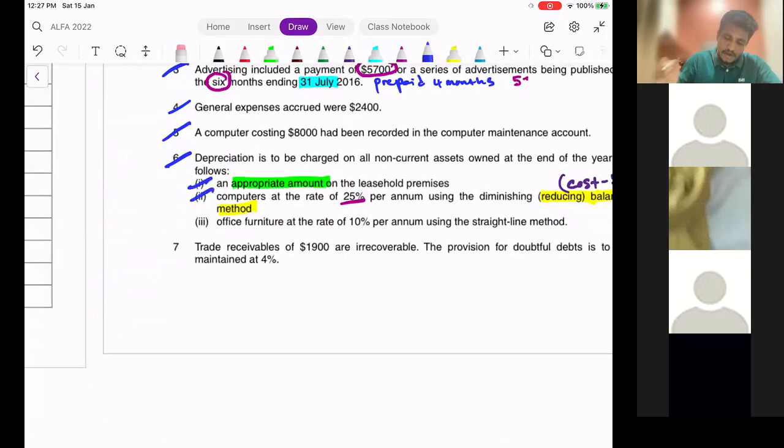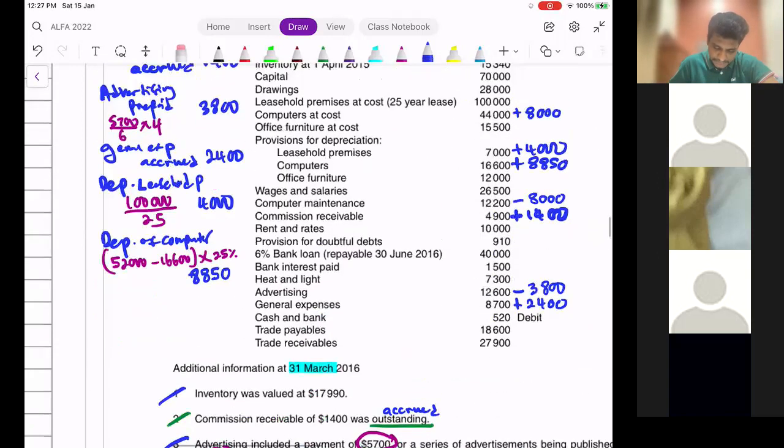Office furniture is 10% straight line method. Straight line method is quite easy. We just take the cost times the percentage. So office furniture, can you go find our office furniture? Office furniture is 15,500.